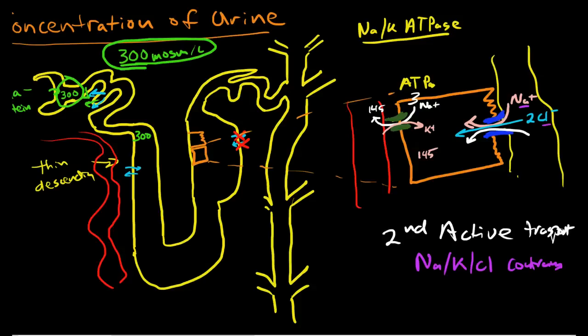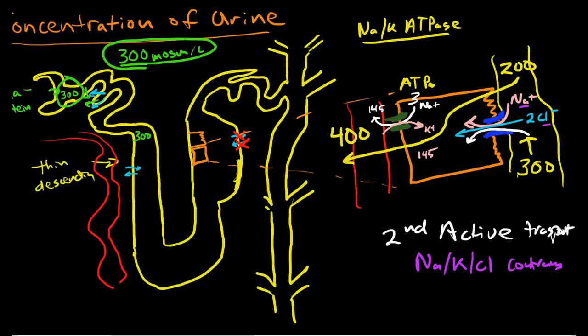So what's important here, via these 2 steps, we are reducing the osmolarity of this urine, and at the same time we are increasing the osmolarity of the interstitial fluid and the fluid of the vasa recta, right? Because via these 2 pumps working together, we're pulling electrolytes from the lumen of the thick limb of the loop of Henle through the cell and into the interstitial fluid.